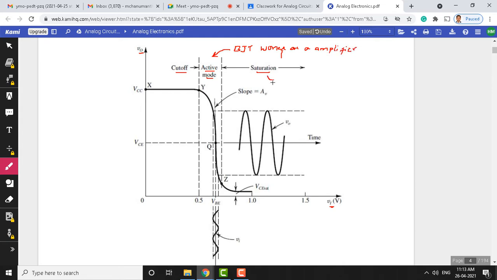Whereas in the saturation mode the BJT works like an on switch. When we want to use a BJT for a switching function, for on and off, it can be operated in saturation mode. So in saturation mode the BJT works like an on switch, and in cutoff mode it works like an off switch.